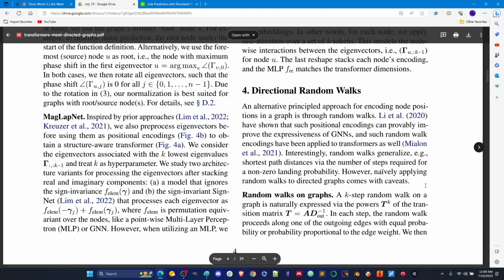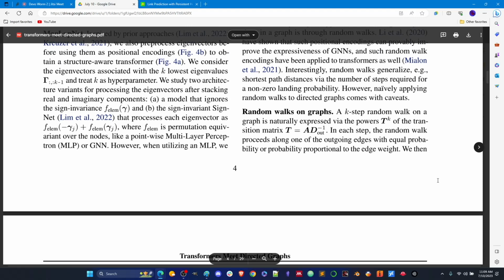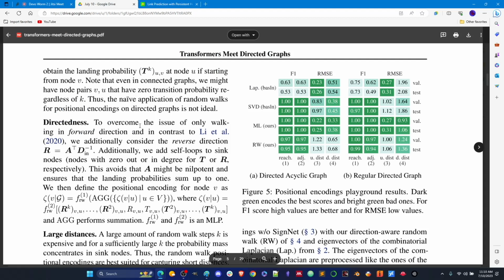Then they talk about directional random walks on graphs, which you often use to find these paths. We showed in the last paper where you go from one node to another, you're basically crossing the graph and you're trying to find these pathways. So to overcome the issue of only walking in the forward direction, we can additionally consider the reverse direction.